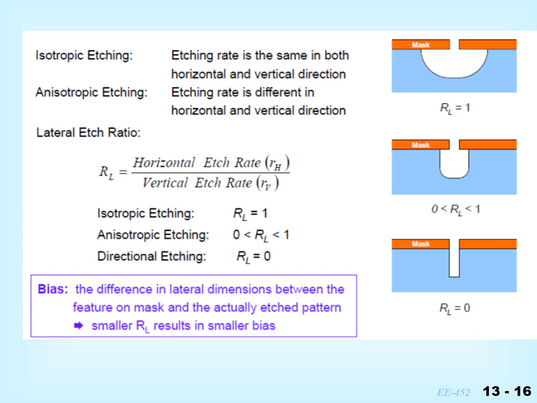And for directional etching it will be 0. Ultimately, the desired pattern is the one with RL equal to 0.